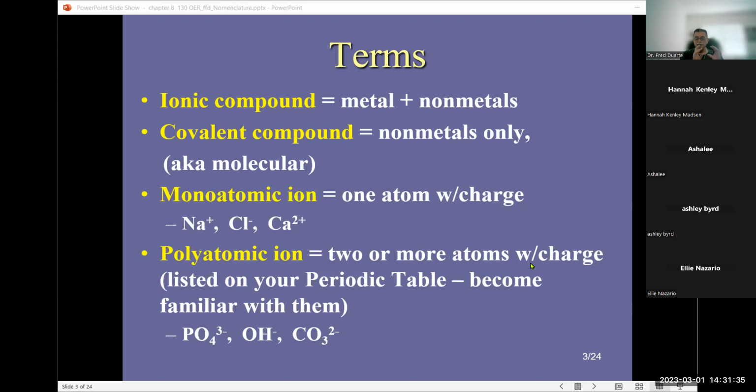The thing to remember about those polyatomic ions, they are treated as a unit. They have their own specific name. We don't change the name. Like PO4, that is called phosphate. It wouldn't be called like oxygen, phosphorus oxide. No, it's phosphate. It's a polyatomic ion. Okay.